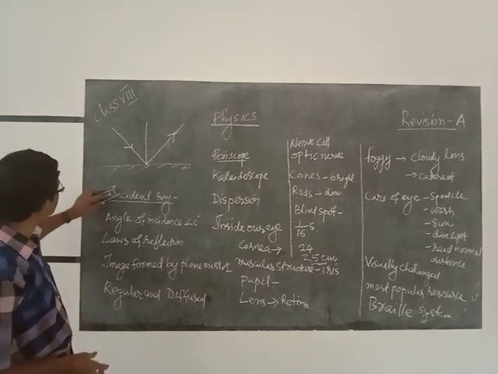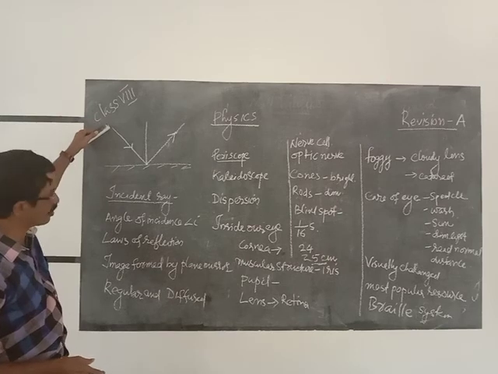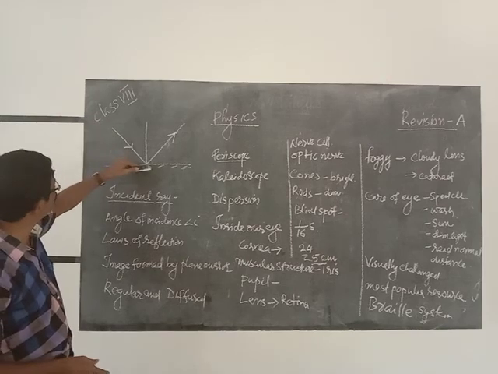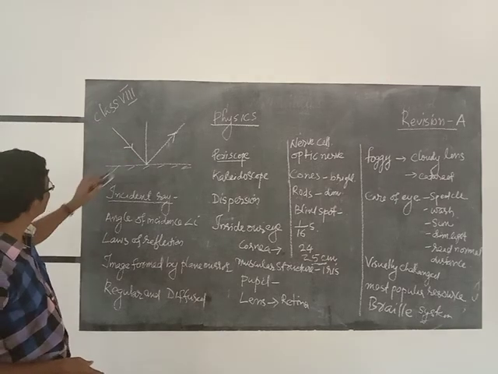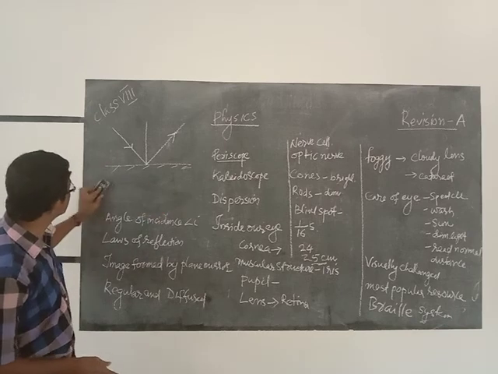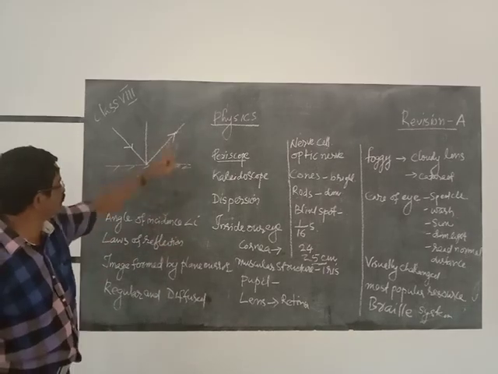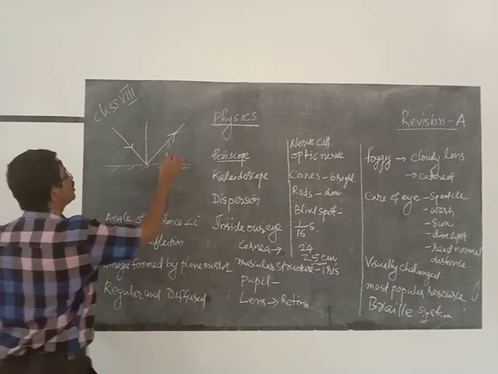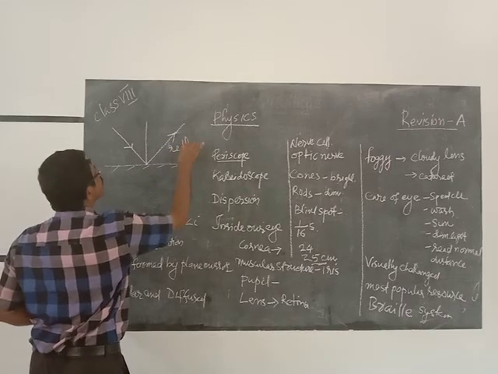That means the incident ray is the ray of light that falls on the surface, and the ray that is returned from the surface is called the reflected ray.